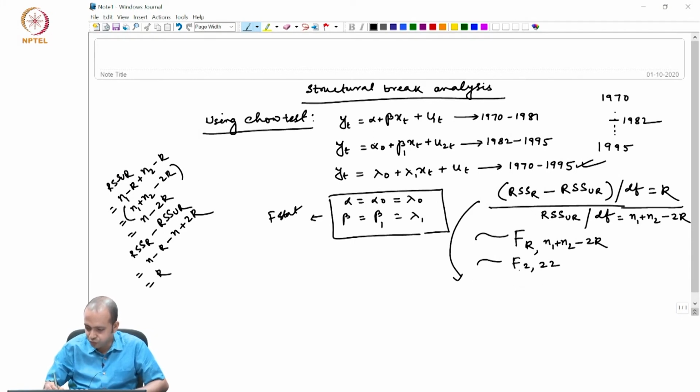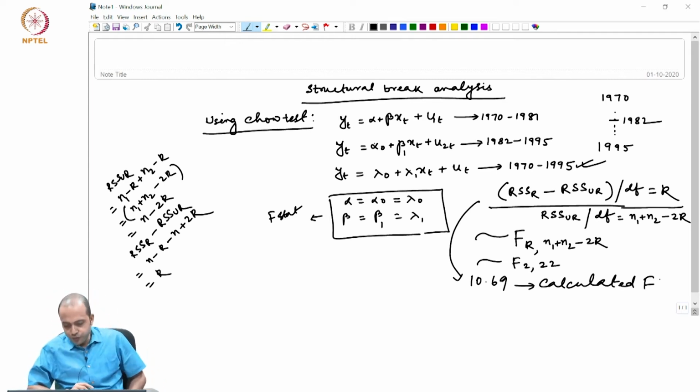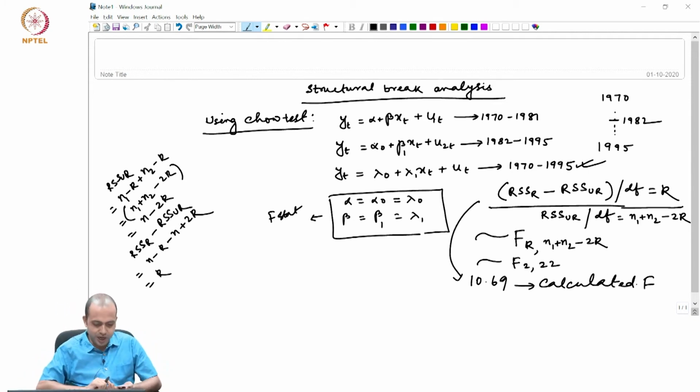After putting the numerical values for RSSR, RSSUR divided by k, and again the entire thing divided by RSSUR divided by degrees of freedom, the value is 10.69. So, this is your calculated F.